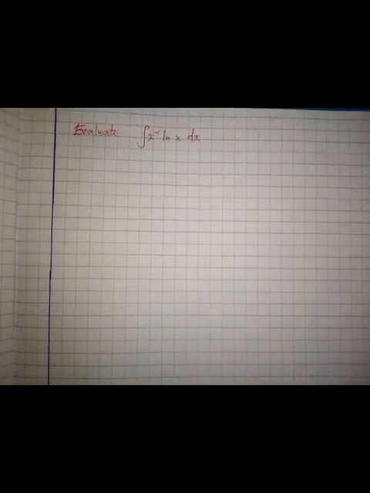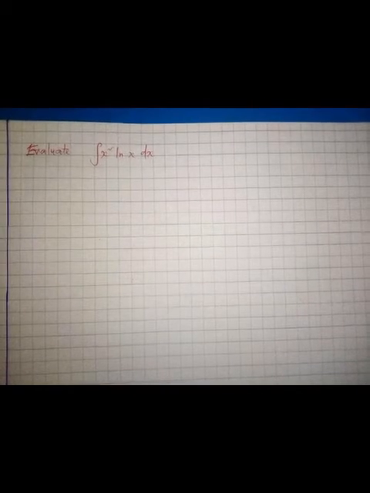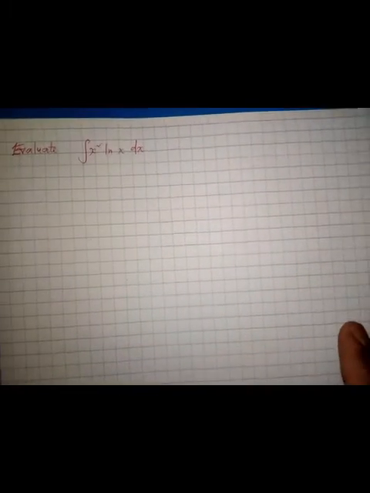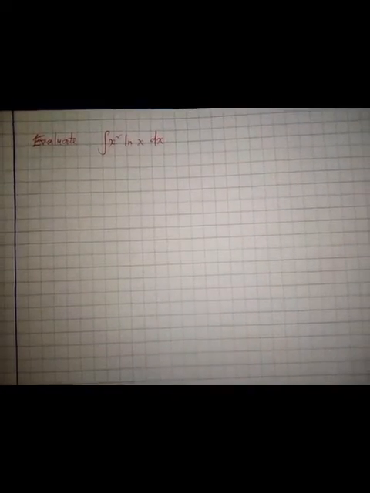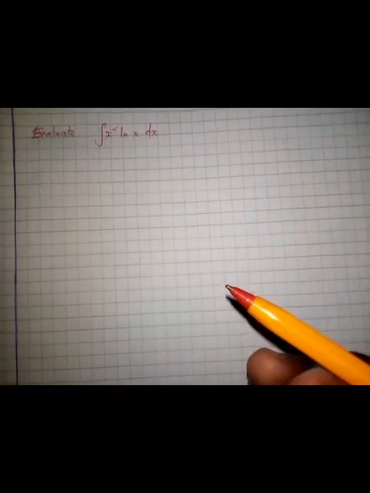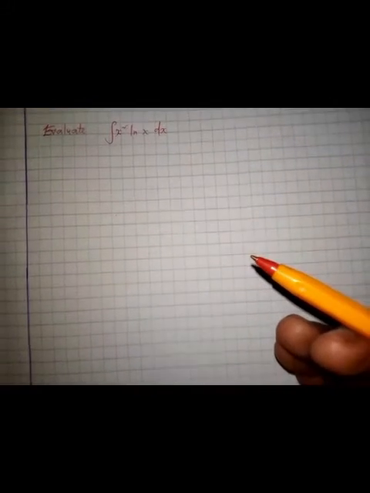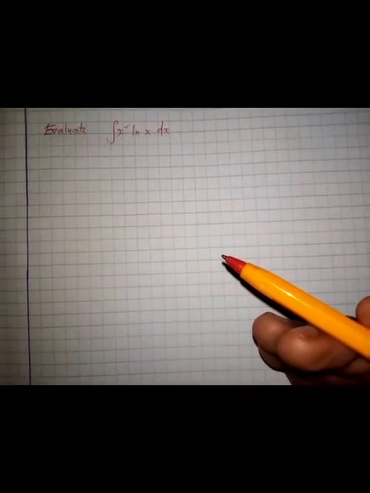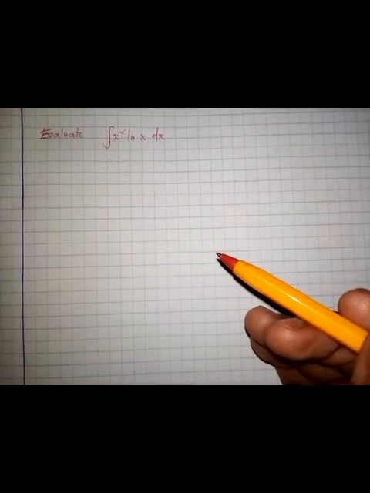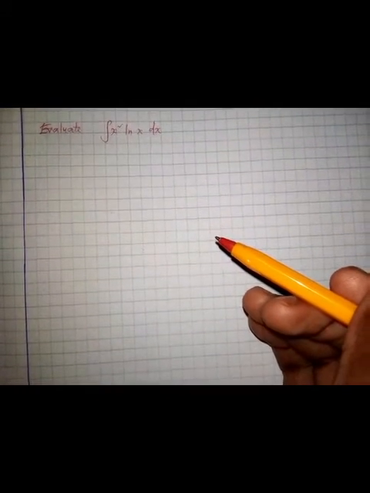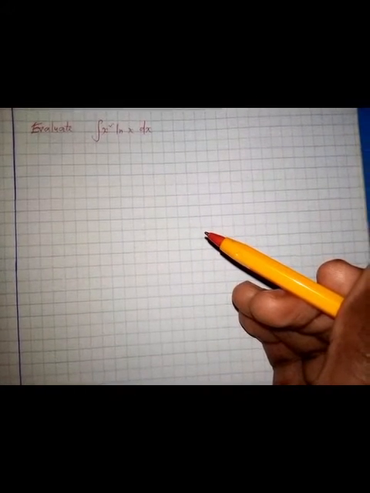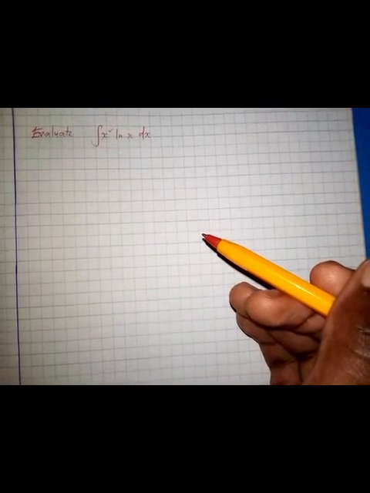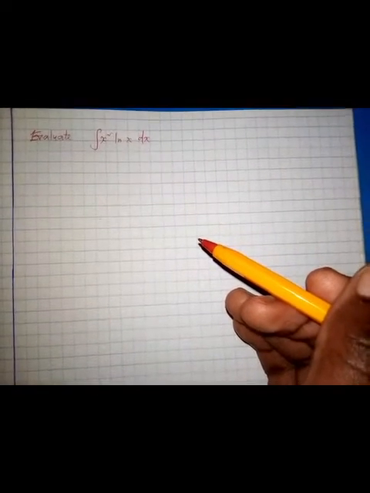Remember, in my video on the integration by parts concept, I stated two guidelines that will help you to choose U and DV. The first guideline was to try letting DV be the most complicated portion of the integrand that fits a basic integration rule, then U will be the remaining factor or factors of the integrand.